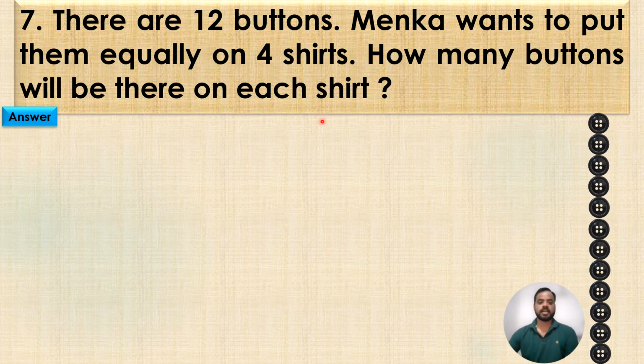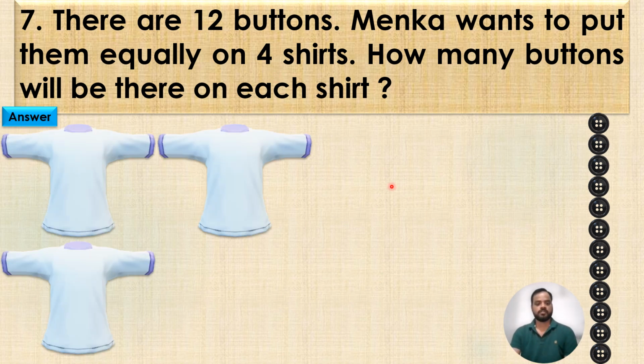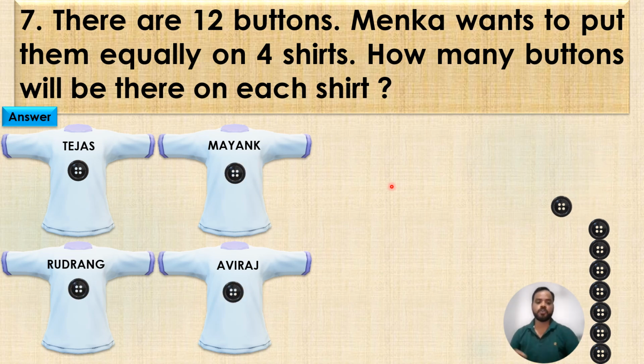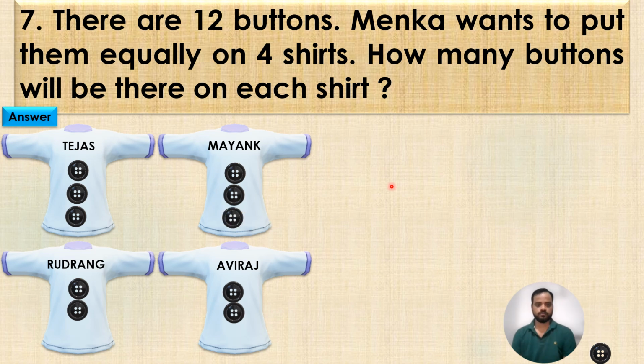Now how many shirts are there? There are 4 shirts. So these buttons are to be put equally on the 4 shirts. So when we divide the 12 buttons among 4 shirts, how many buttons do we get on each shirt?